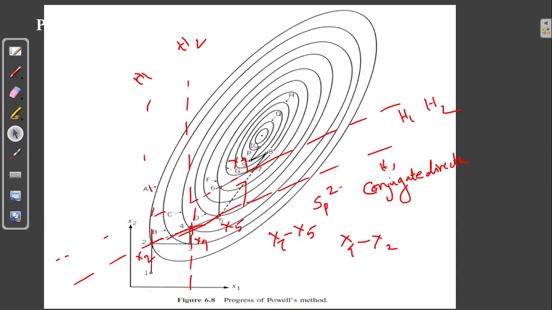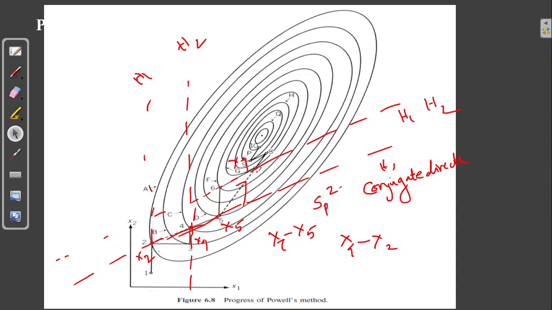That indicates that if you find the conjugate direction, then in the next step you should go in this conjugate direction. That's all. So what has happened here is from 7 to 8.